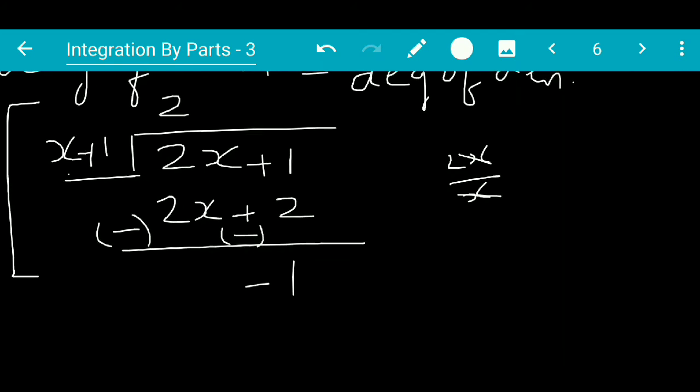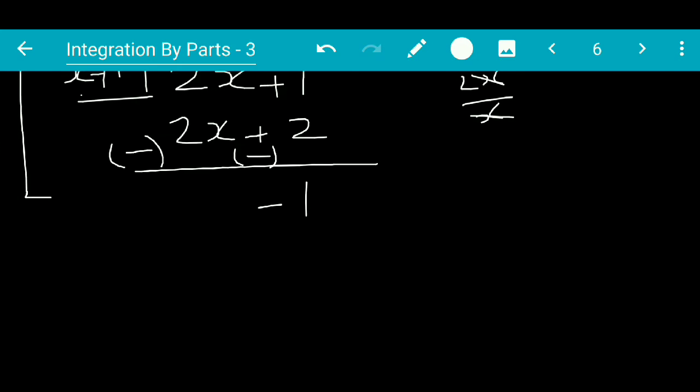Now the numerator can be written as, therefore, what is our numerator? Our numerator in this case is 2x plus 1. So 2x plus 1 is equal to, it is like this, no? Dividend is equal to divisor into quotient plus remainder.